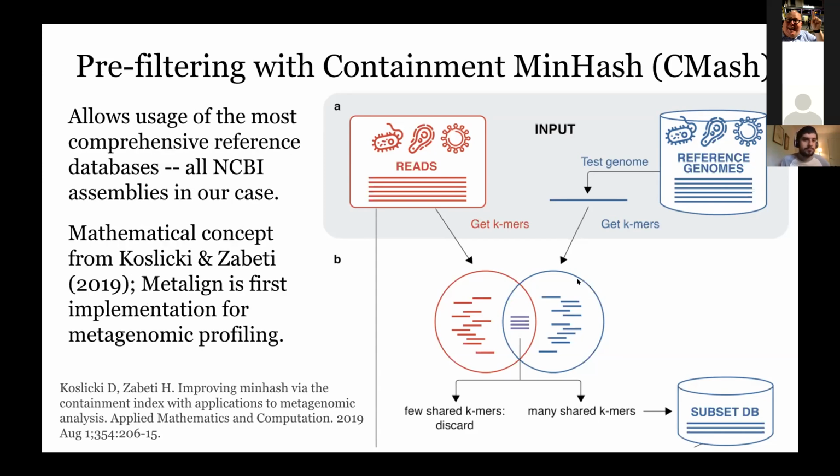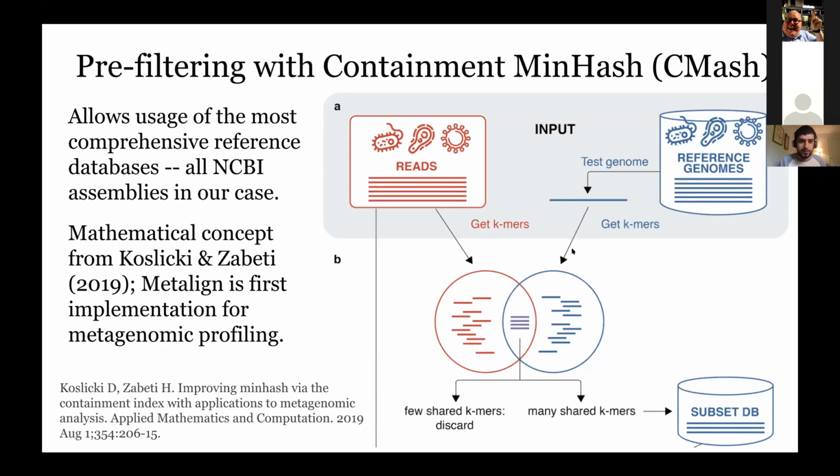By doing this, we can use a really comprehensive reference database in an efficient amount of time. In our case, we use all NCBI assemblies, which is RefSeq, GenBank, and everything else we could find. I mentioned before that this mathematical concept of containment min-hash was introduced by our co-author in this paper, but Metalign is the first paper that really puts this into practice in any application, in this case for metagenomic profiling.